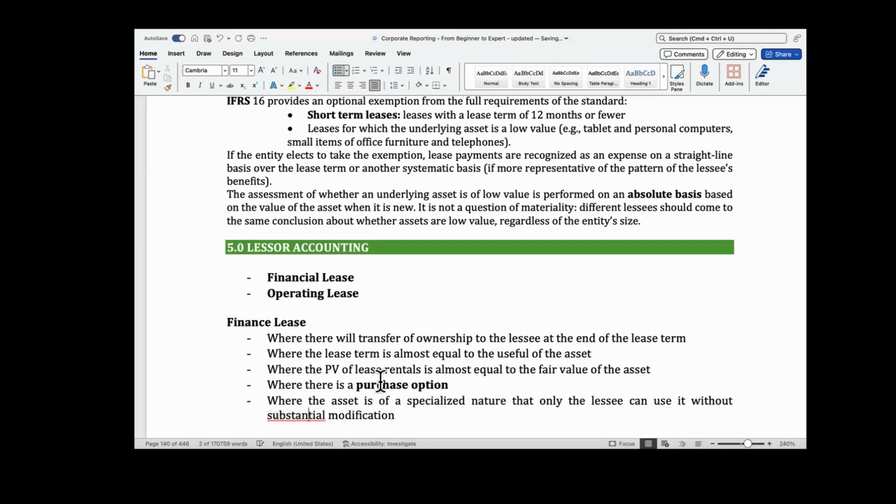This is also an indicator, because where the asset is specialized, and only the lessee can use it without modifying, that means the asset is not coming back. Class, you have to know these 5 points, because for the most part, at least 4 of these have to be available for you to know that this is a finance lease.